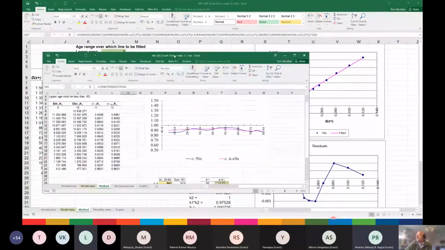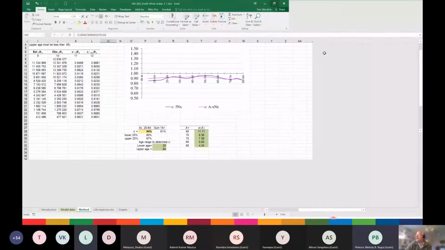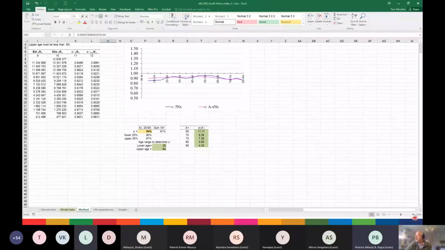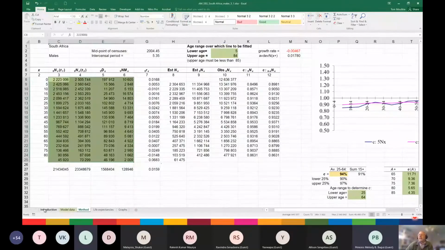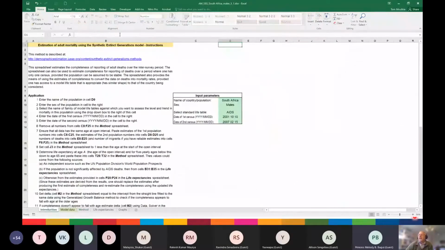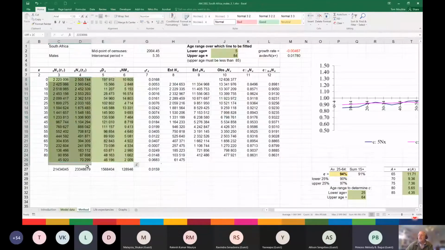What we then do is take exactly the same input data and apply it to a synthetic extinct generation version of a death distribution method. And so we would again use exactly the same inputs as before.